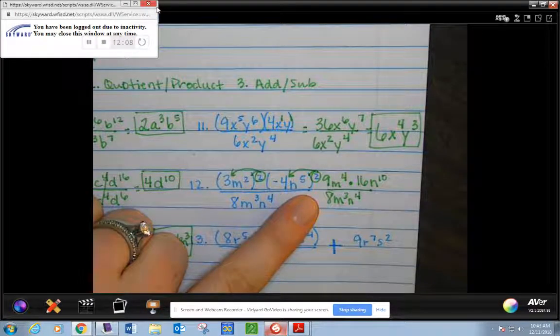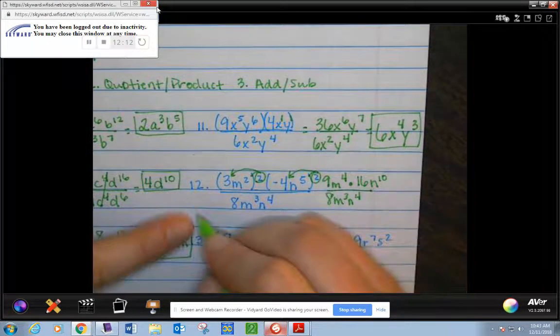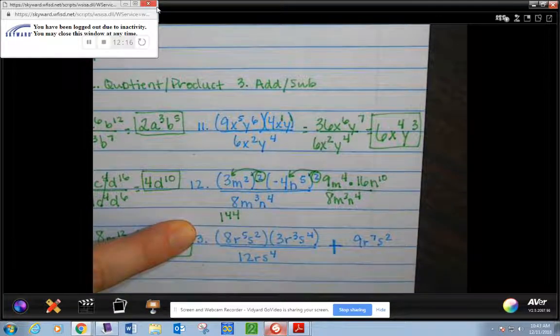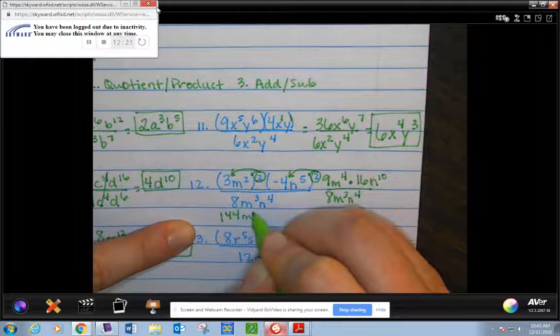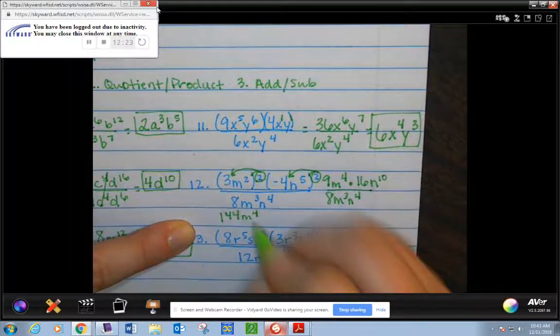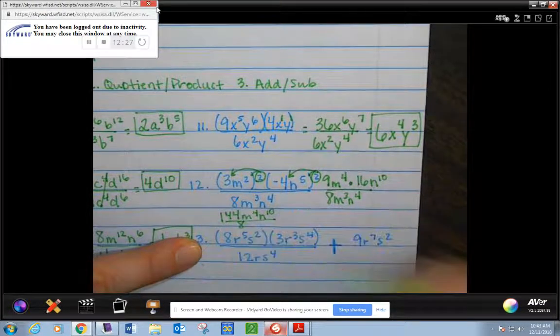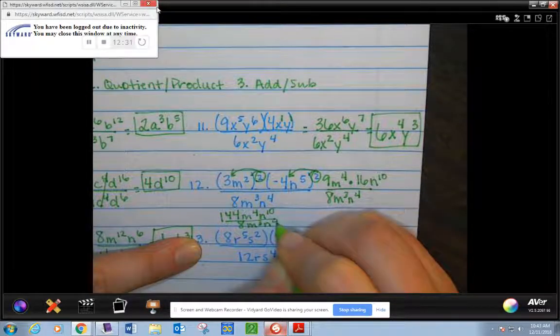So we're going to do 9 times 16, which is, I'm going to write it underneath, 144. And then since this is the only m in the top, I keep it, m to the 4th. Since this is the only n in the bottom, I keep it. And then I'm dividing by 8 m to the 3rd n to the 4th.